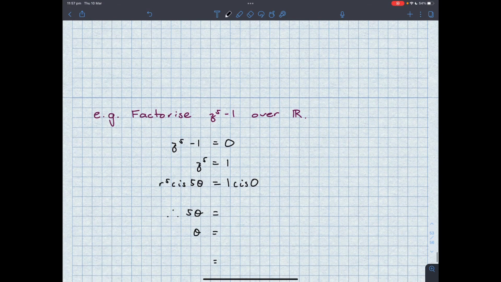Okay, to find my arguments, I know 5 theta must be 0, and then I'll just add on some extra swings around the Argand diagram, divide them all by 5, and then turn them all into principal arguments.